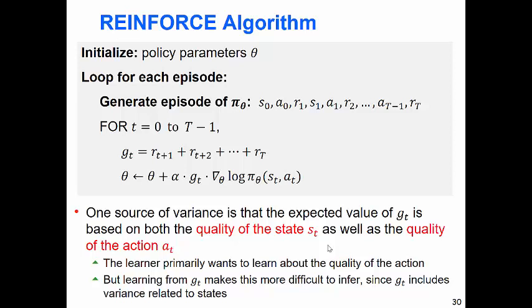All right, the biggest idea that people use is something called a baseline, and we'll talk about that in a moment. But what's the purpose of the baseline? If we look at this estimate here of the reward of taking action A in state S, part of the variance in that estimate is based on how good the state is, and then how good the action is in that state.